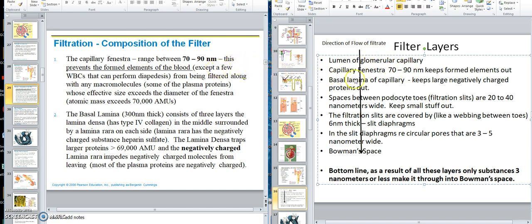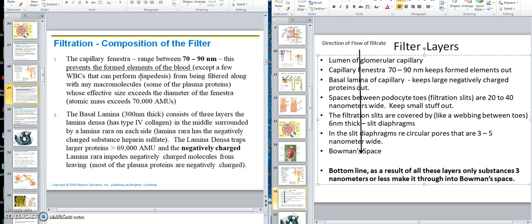So you can't get through the capillary endothelial cells if you are the formed elements. That would keep the formed elements out. However, a few can perform diapedesis, they could squeeze through. You may find a few WBCs, but you shouldn't find any red blood cells through the normal filter.